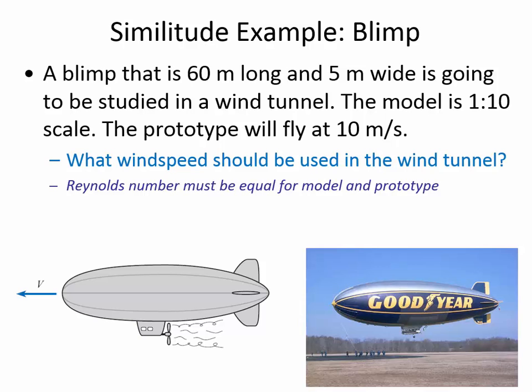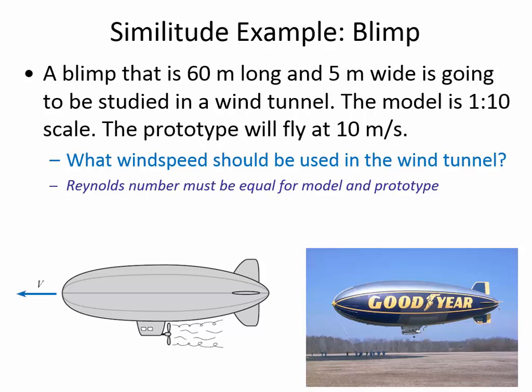So we need to rearrange this equation to solve for V sub m. The velocity of the model is going to be the velocity of the prototype, length of the prototype, density of the fluid of the prototype, viscosity of the model divided by viscosity of the prototype, length of the model, and density of the model.